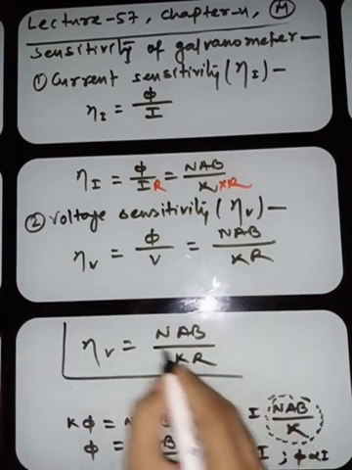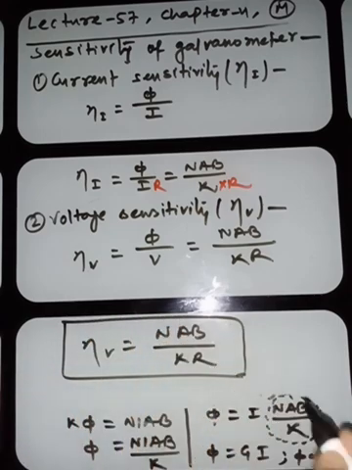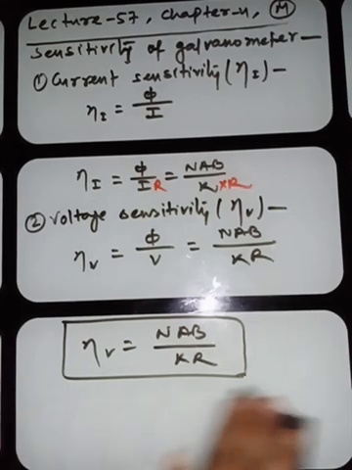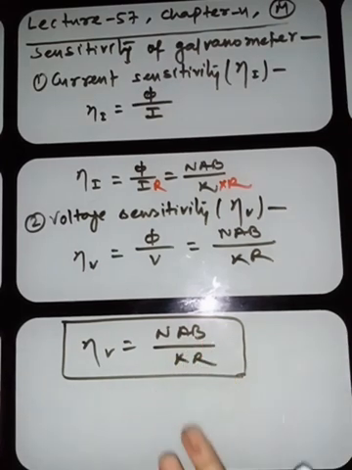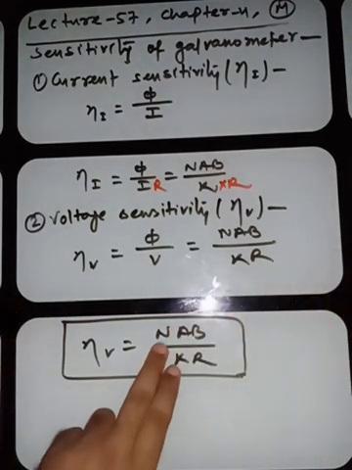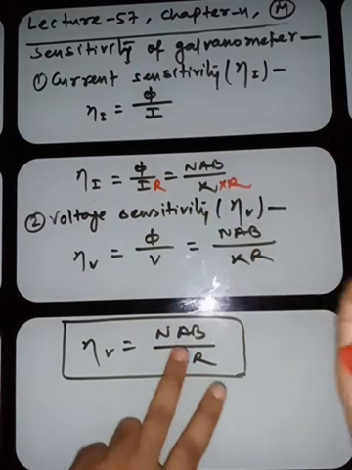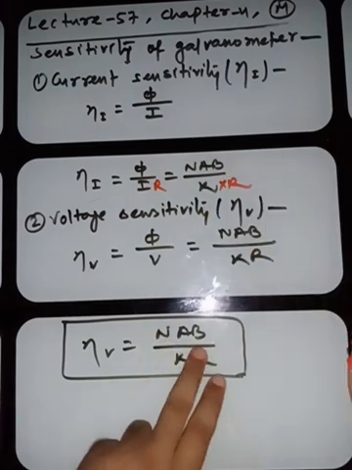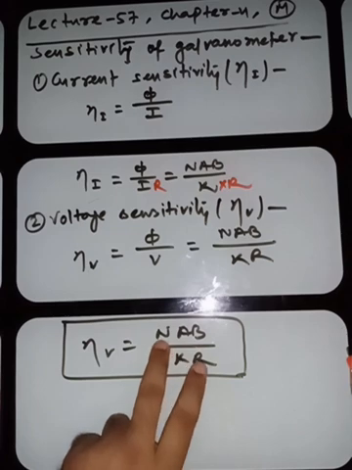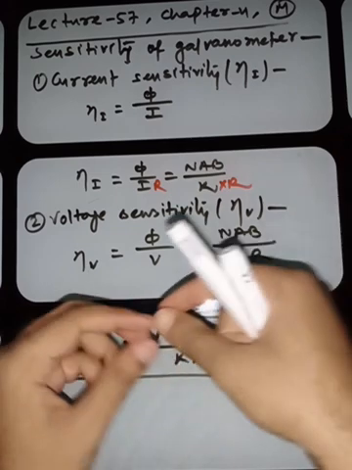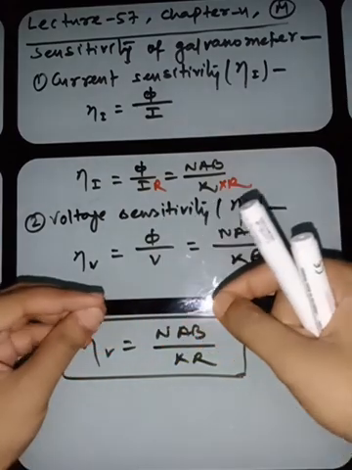So this is the voltage sensitivity, NAB by KR. Now what are the factors that will increase the voltage sensitivity, my dear student? As you increase the number of turns, is the voltage sensitivity increasing or not? Let us consider. As you increase the number of turns, you are increasing the length.